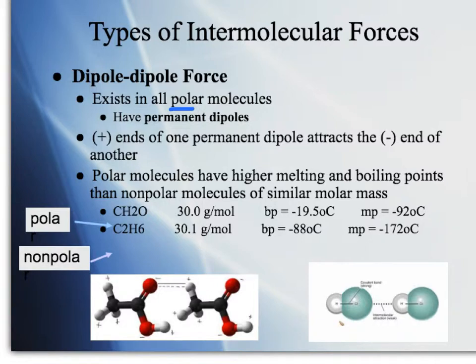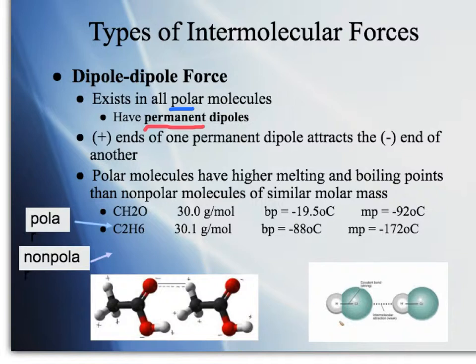That means it's not instantaneous, with the electrons jumping around in the electron clouds. But remember, in polar molecules, we have clear positive sides of the molecule and clear negative sides of the molecule because we have an unequal sharing of electrons. Okay, that's the difference between an instantaneous versus a permanent dipole.